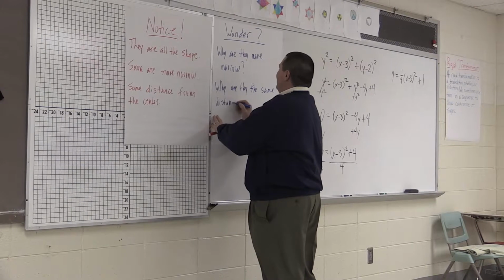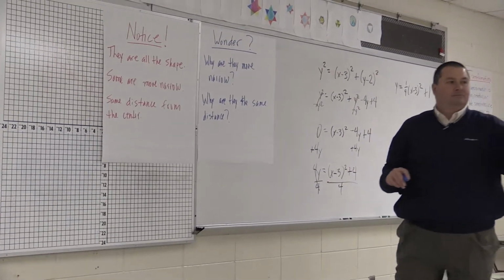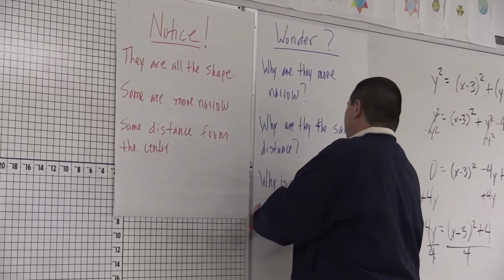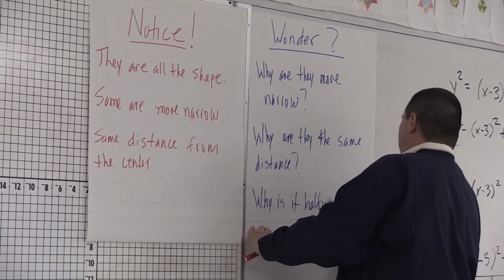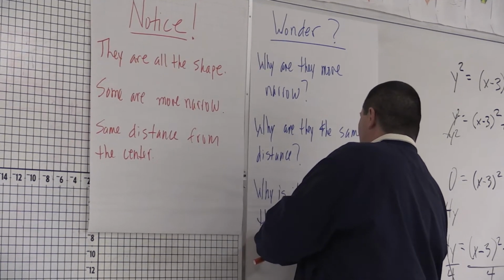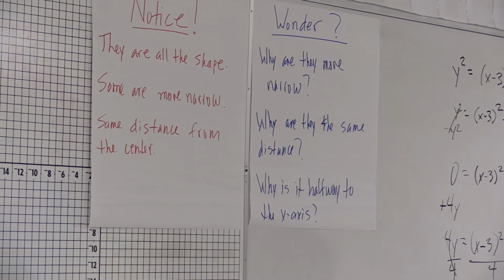Okay, we've got 3 notices. Let's come up with one more wonder. Why is it halfway to the x-axis? Very good. Why is it halfway to the x-axis? All right, very good.